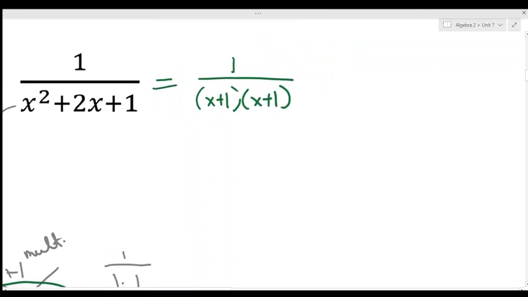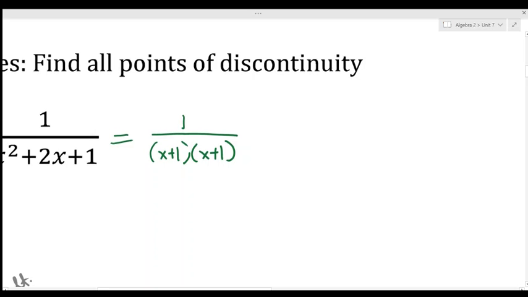Now finding points of discontinuity means that we are going to take our denominator, or stuff in the bottom of your fraction, and set it equal to 0. So we have x plus 1 times x plus 1. We set that equal to 0. And now we set both of the parentheses equal to 0. We've done this before. But we have 2 of them. Do we want to write x plus 1 equals 0 twice?